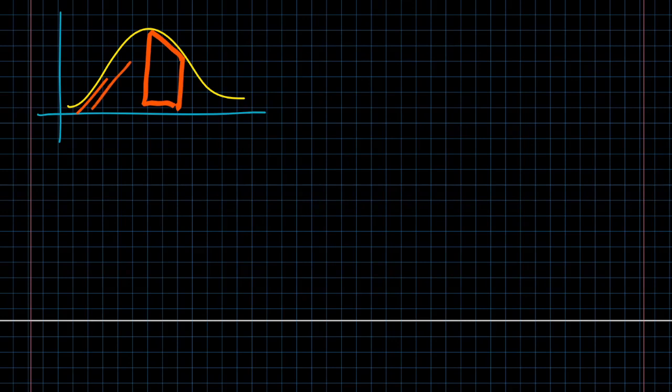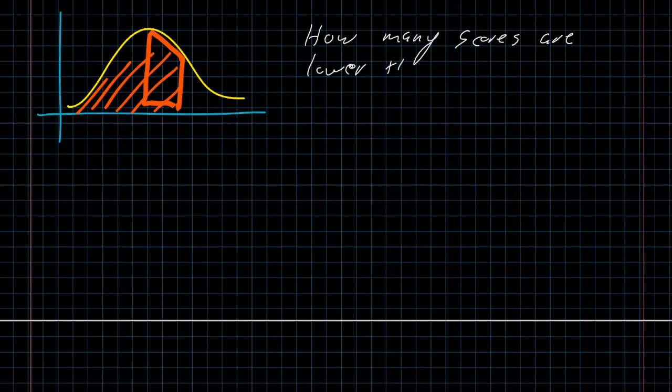Or, a little bit more specifically, how many scores are there lower than the score that I care about? Answering that question gives us the percentile rank of that particular score.